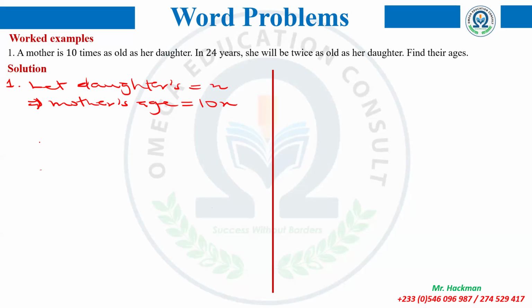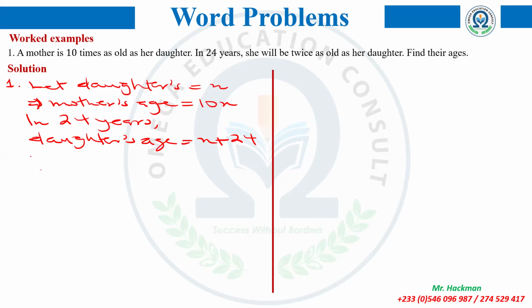So I'm going to write, in 24 years, what will be the daughter's age? X plus 24. Very good. So the daughter's age will be equal to X plus 24. Do you agree, my professors? Yes, please.